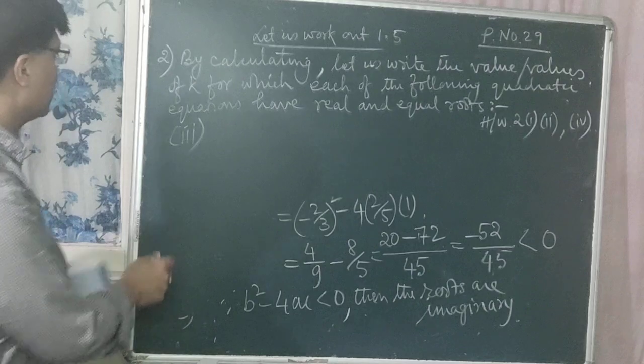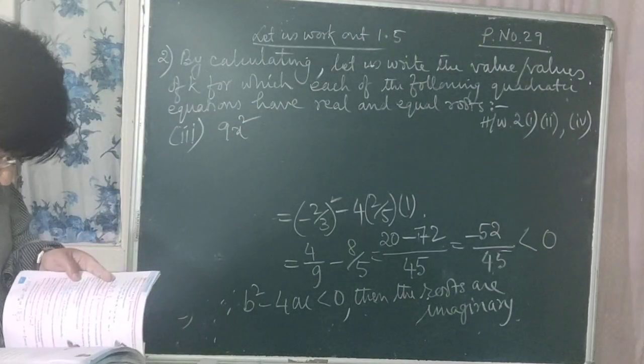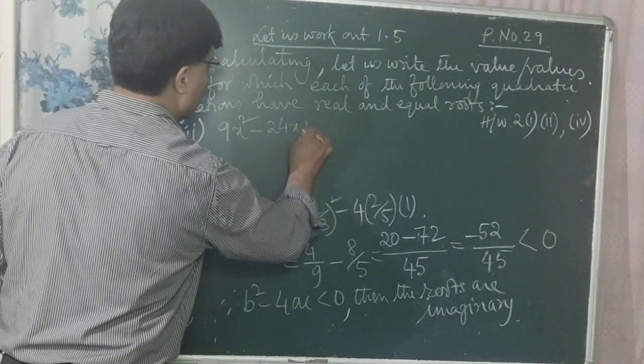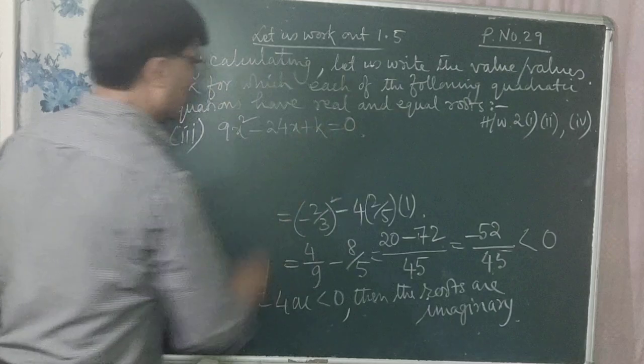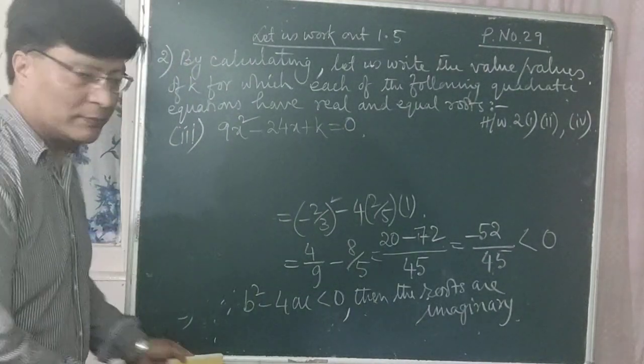So number 3 is 9x square minus 24x plus k is equal to 0, right? So now let us do this problem.